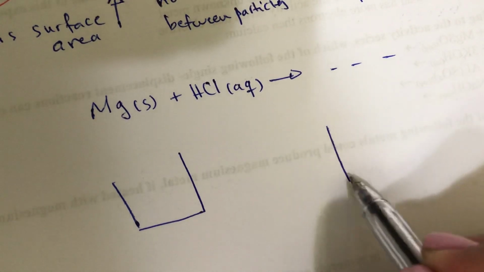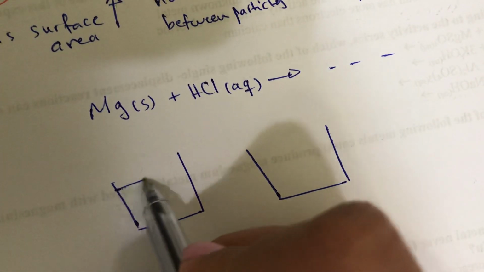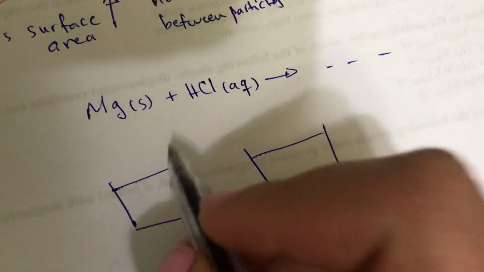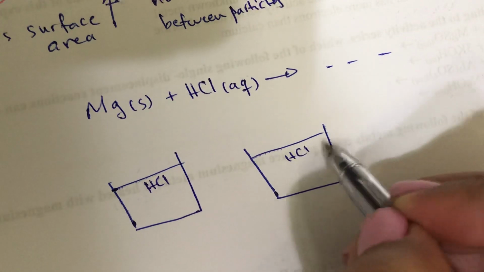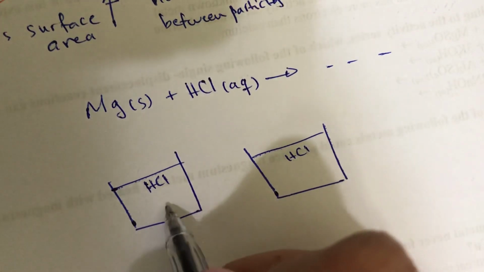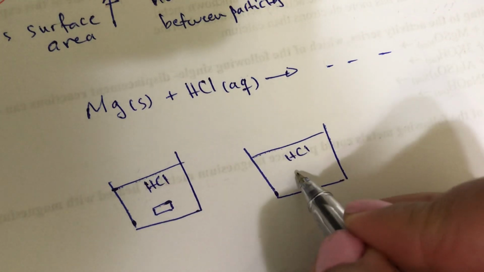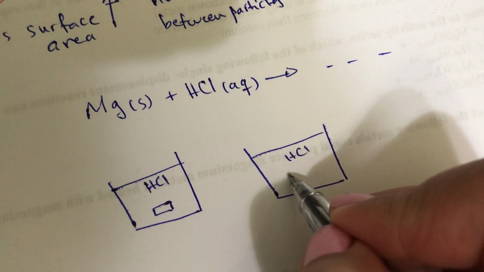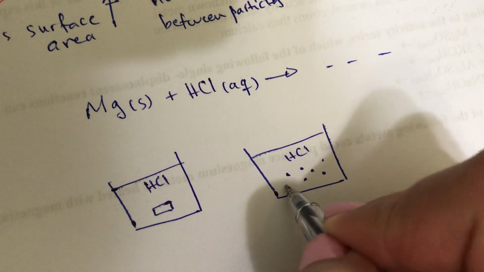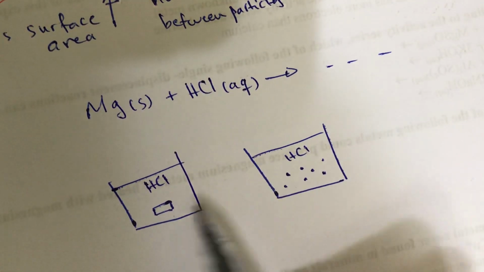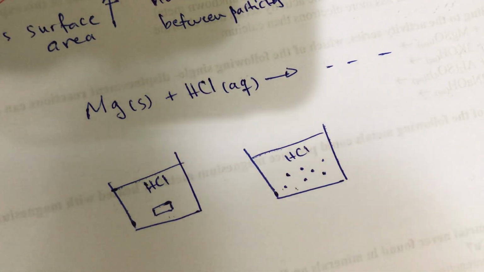The first one, magnesium, here the solution of hydrochloric acid, and here magnesium as powder. Same amount, but here in powder case.